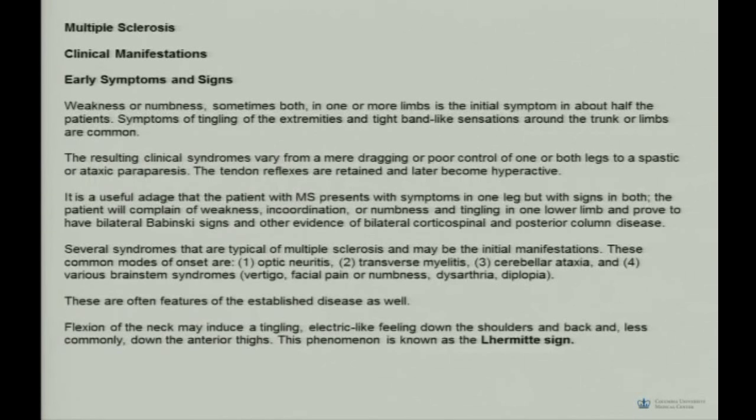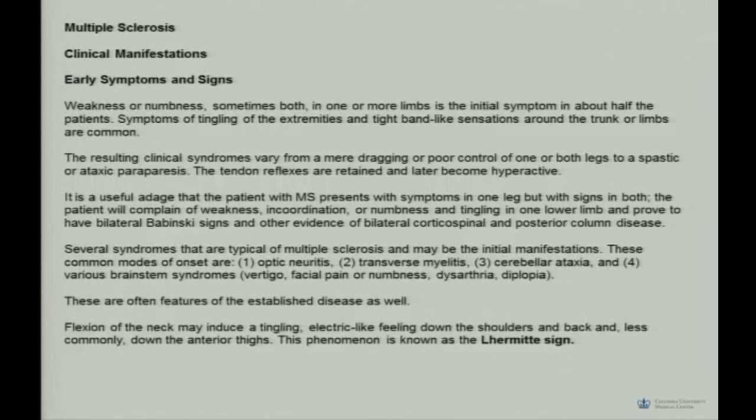So early signs and symptoms, very, very common: weakness or numbness, sometimes both, in one or both limbs, and that happens in about half the patients. I believe it happens more in females than males.